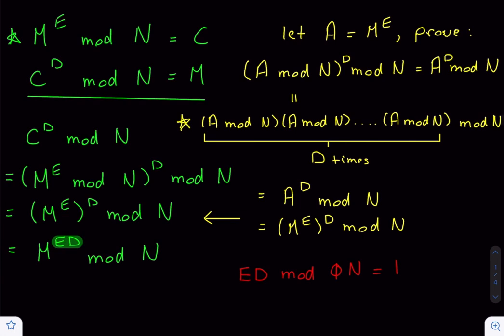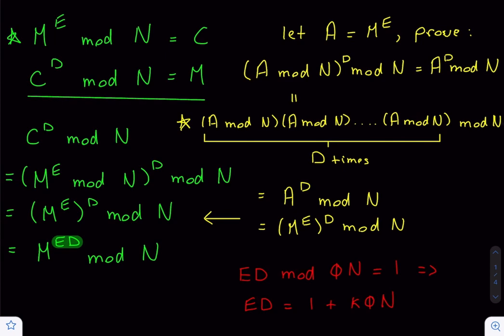Therefore, we can say that ed is equal to 1 plus k times phi n for some integer k.